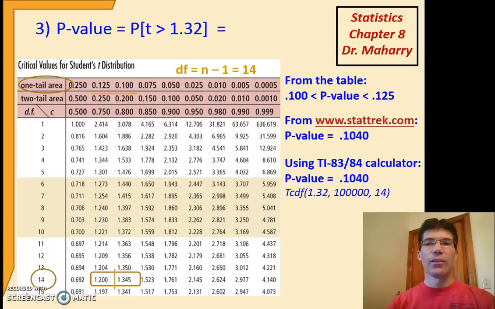Also, if you have a TI-83 or 84 calculator, there's a T-CDF, a T-PDF. Those functions, you can put in a lower limit, an upper limit, and then your degrees of freedom. And for that upper limit, you just need to put in a really big number. Or if you can find the infinity key on your button, you could go 1.32 to infinity. So there are multiple ways to get the exact value for a t-distribution p-value. But if you're using the table, we can just kind of approximate it.